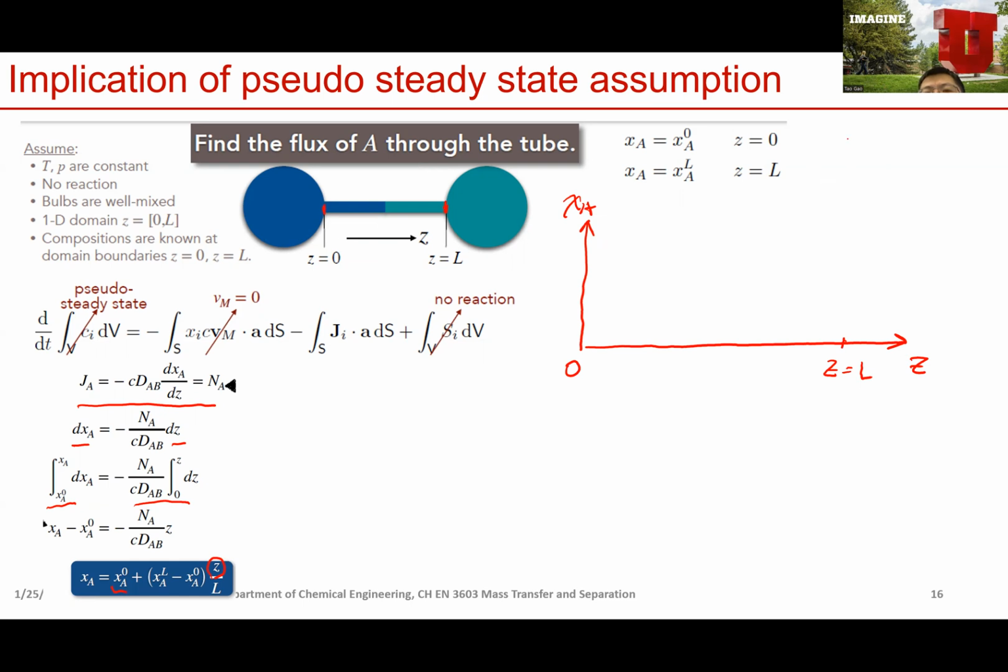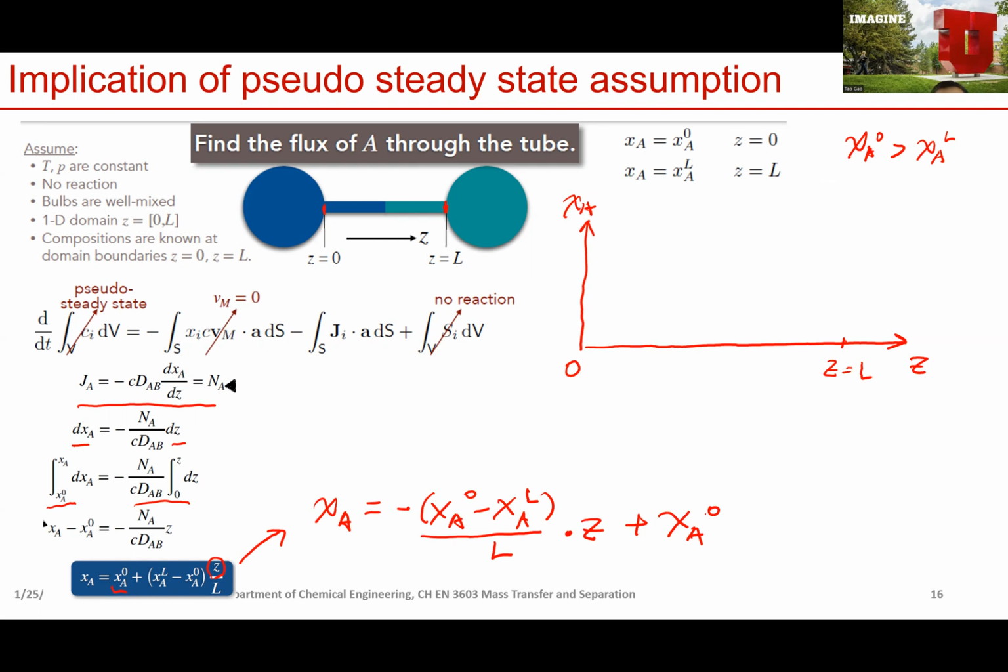Now let's assume XA0 is larger than XAL. That means at the beginning, we have more A in the left bulb than in the right bulb, right? So this equation, if we reorganize it, is XA equals minus (XA0 minus XAL) divided by L, multiplied by Z, plus XA0.